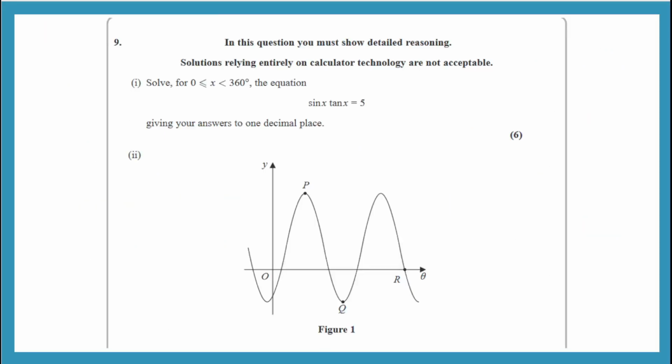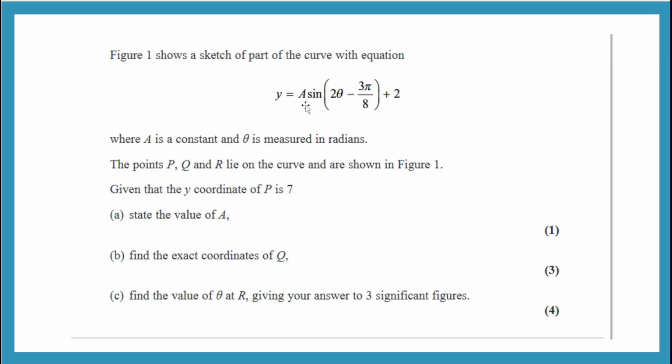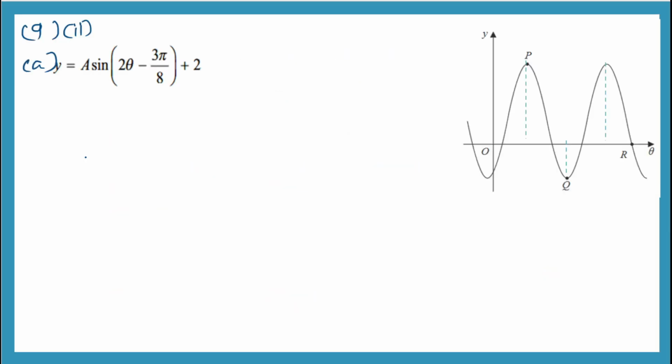Now here is a graph of the function y equals a times sine of (2 theta minus 3 pi by 8) plus 2. Then we need to calculate the value of a and the exact coordinates of Q. Then find the value of theta at R. Now at the point P, the value of 2 theta minus 3 pi by 8 equals pi by 2.